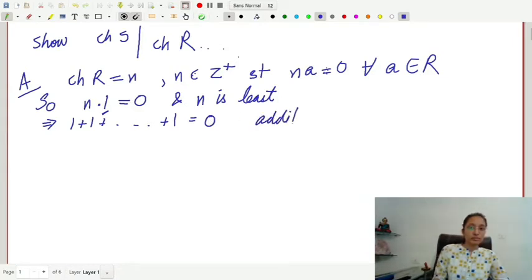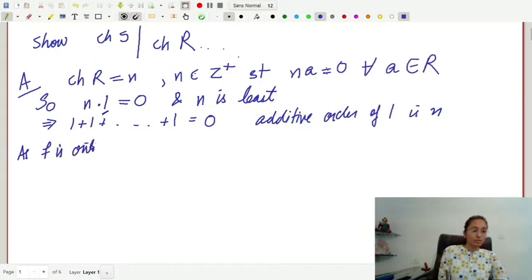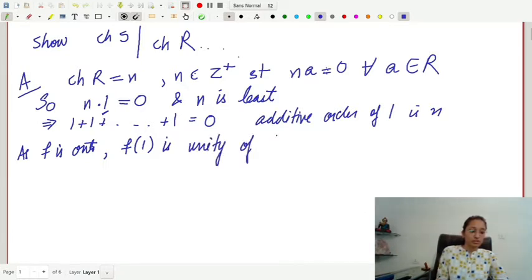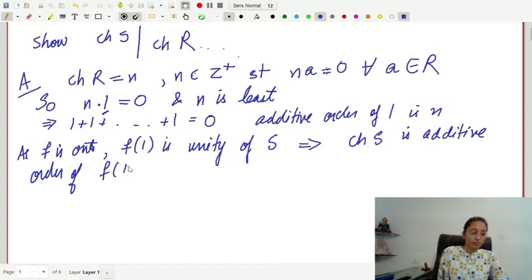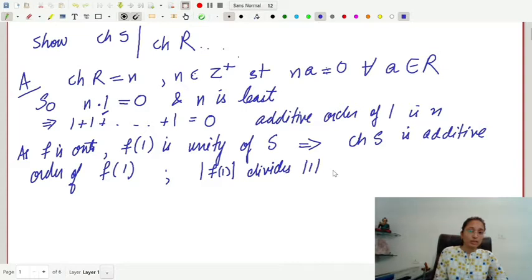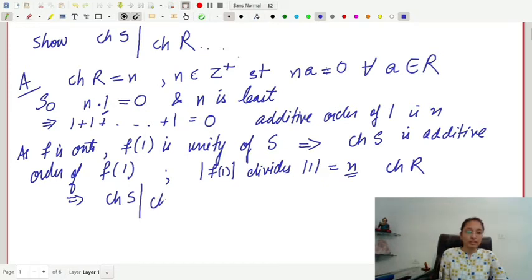That is, additive order of 1 is n, and as f is onto, f of 1 is unity of S, which in turn implies characteristic of S is additive order of f of 1, and also we know that order of f of 1 divides order of 1, that is n, and n is characteristic of R, which in turn implies characteristic of S divides characteristic of R.